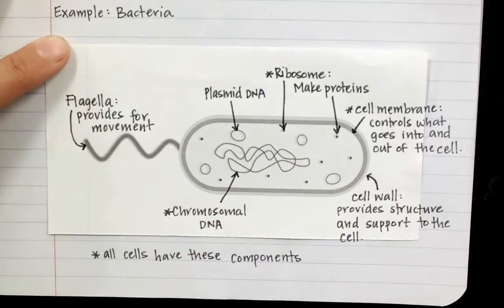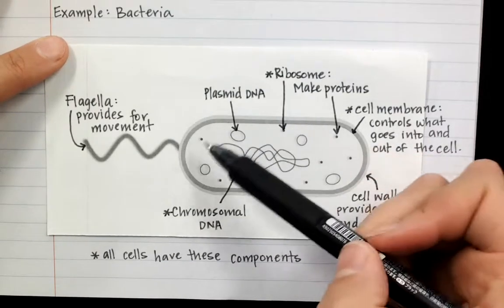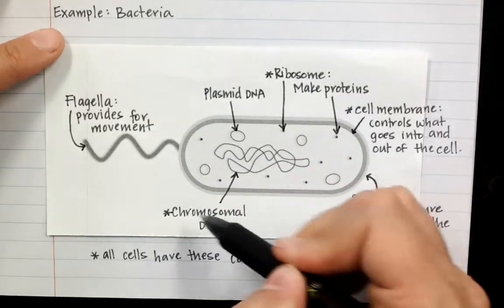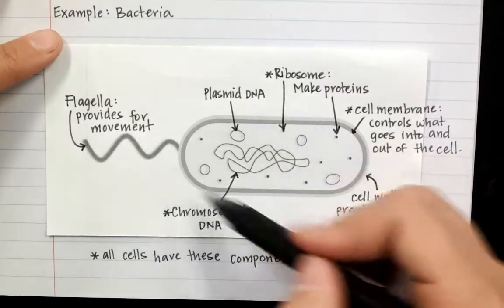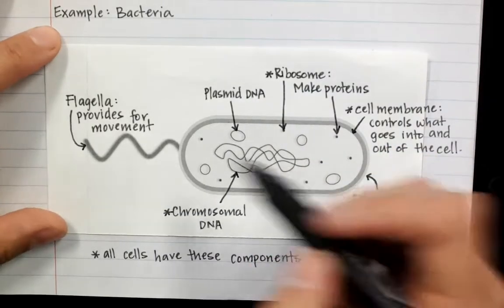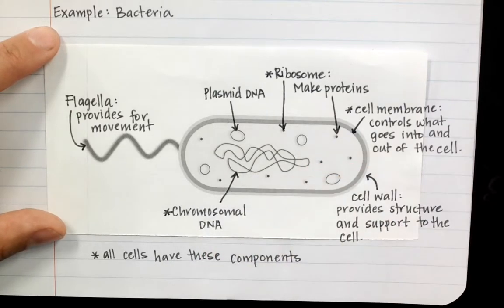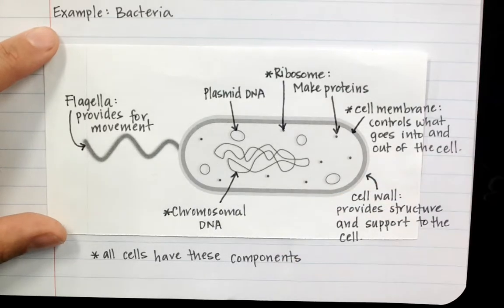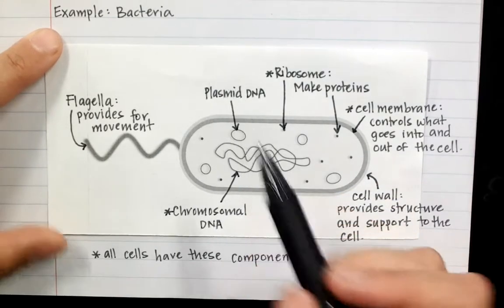And it really does work like a tail or a whip, and a bacteria cell can have one of these. It could have 100 of them all over around the cell, and it will move back and forth, and that will allow bacteria to sort of swim. There's one animal cell that has a flagella, and that is a sperm cell. And a sperm cell is actually mostly flagella because its whole purpose is to swim and find an egg.